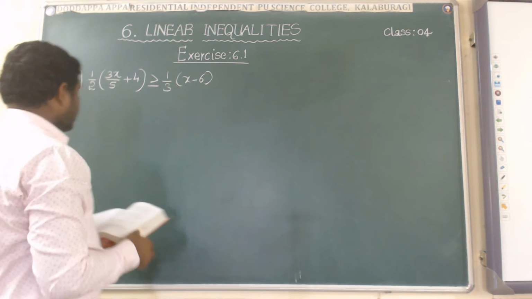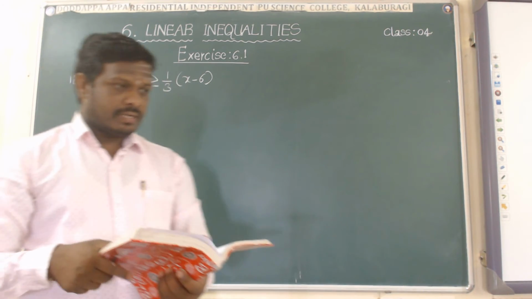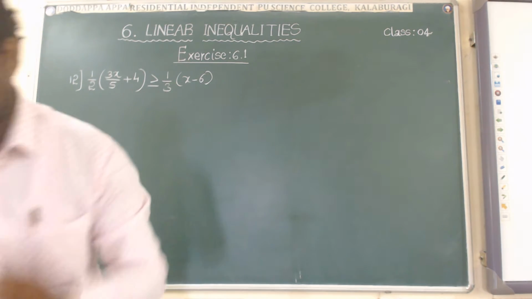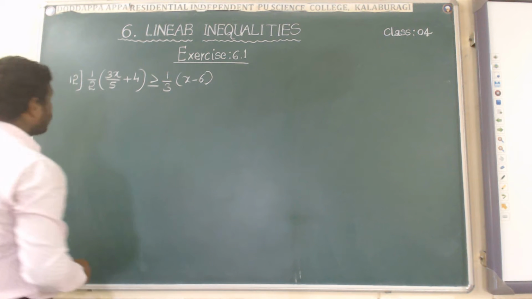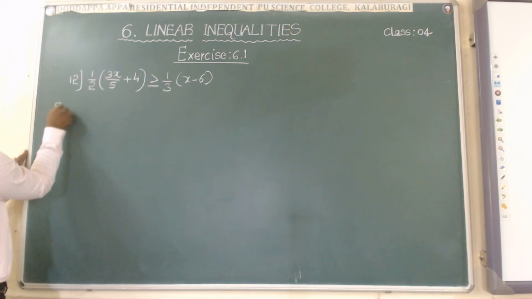Here x is a real number. So we have to write the solution by using intervals. What is the procedure for solving this? Okay, come to the solution of this given statement.